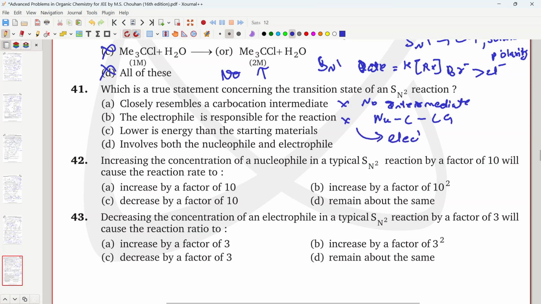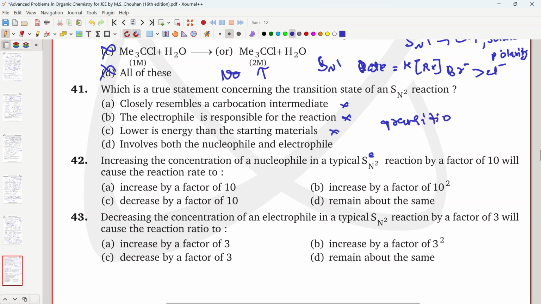No, electrophile plus nucleophile determine the rate. Now for C, lower in energy than the starting materials. The transition states are always higher than the reactants themselves. Also no.